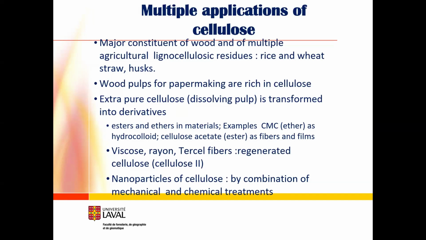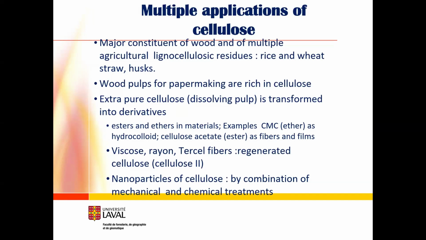And once we get access to cellulosic pulp, we need to bleach it to get rid of the remaining lignin. And then we get access to something that is called dissolving pulp, which is very highly pure cellulose, which is then acceptable for production of different types of cellulose derivatives, esters and ethers that are interesting for you as potential hydrocolloids.